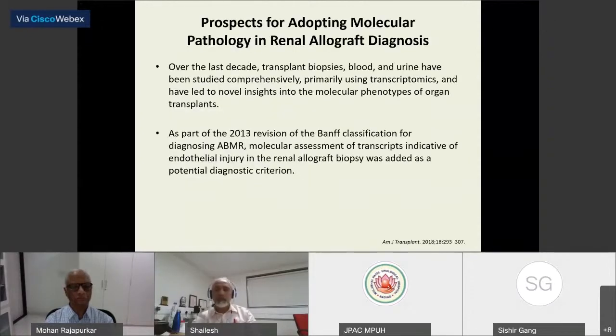Since 2013 onward, molecular assessment of transcripts has been included for the diagnosis of acute antibody-mediated as well as T cell mediated rejection.